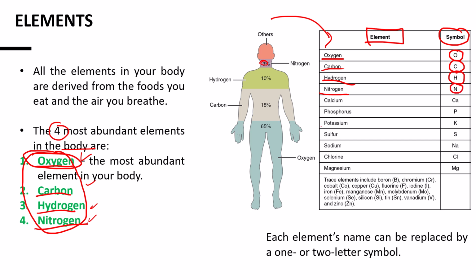Like potassium, which is very important for the human body. Sometimes you may think the symbol might be P, but instead the symbol for potassium is K. P is phosphorus, don't worry too much about it, but the symbol for potassium is K.